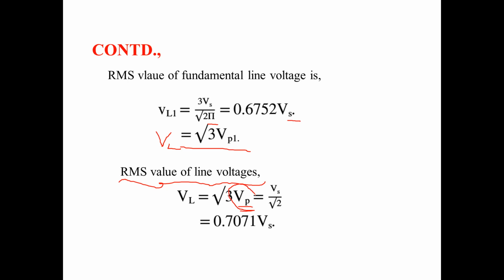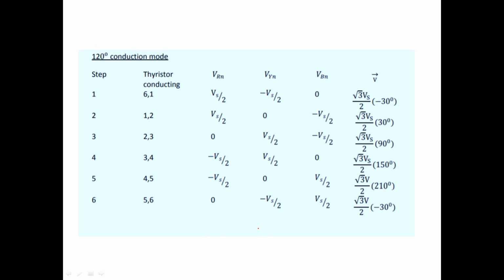We know from the previous slide that the phase voltage is Vs by root 2, which is 1.414. So the answer for VL with respect to the supply voltage is 0.701 Vs.